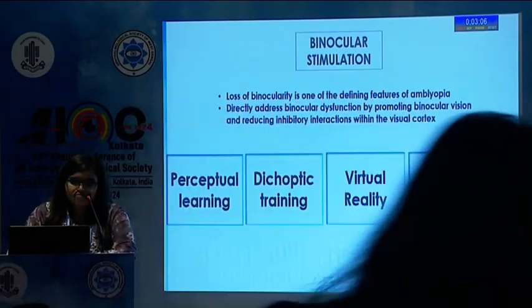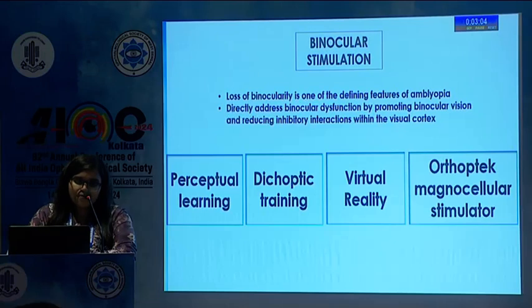As we all know, in amblyopic patients, loss of binocularity and stereopsis is common. So, to provide treatment, we use binocular stimulation. In binocular stimulation, perceptual learning, dichoptic training, virtual reality, and orthoptic magnocellular stimulator are used.